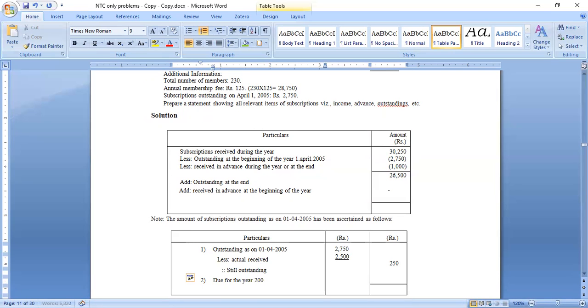Due for the year 2005-6, 230 into 125 comes around 28,750, minus actually received 26,750.